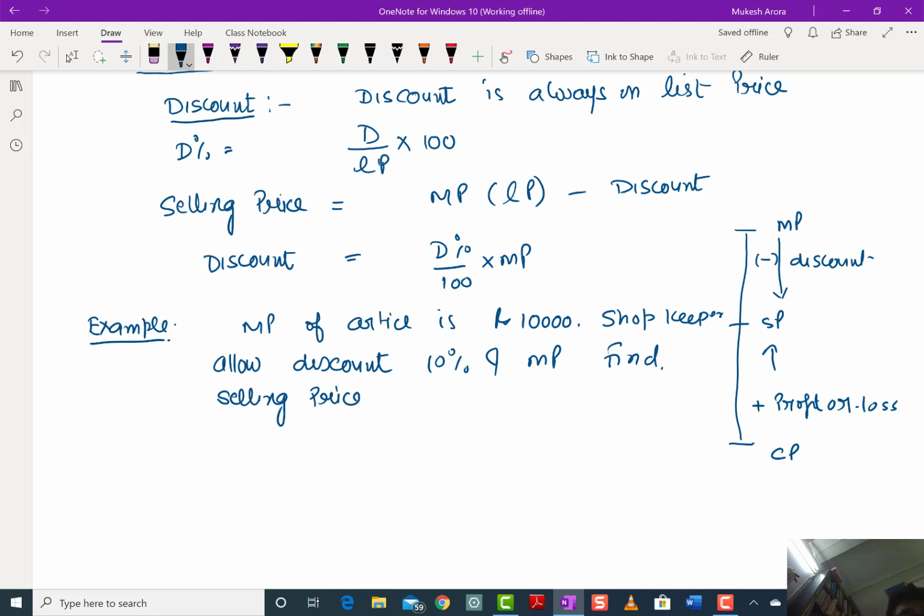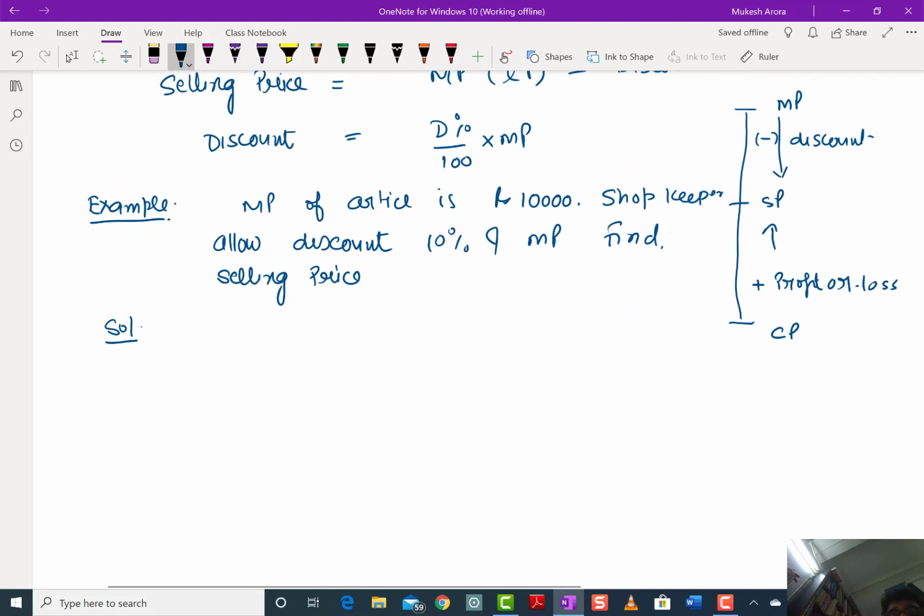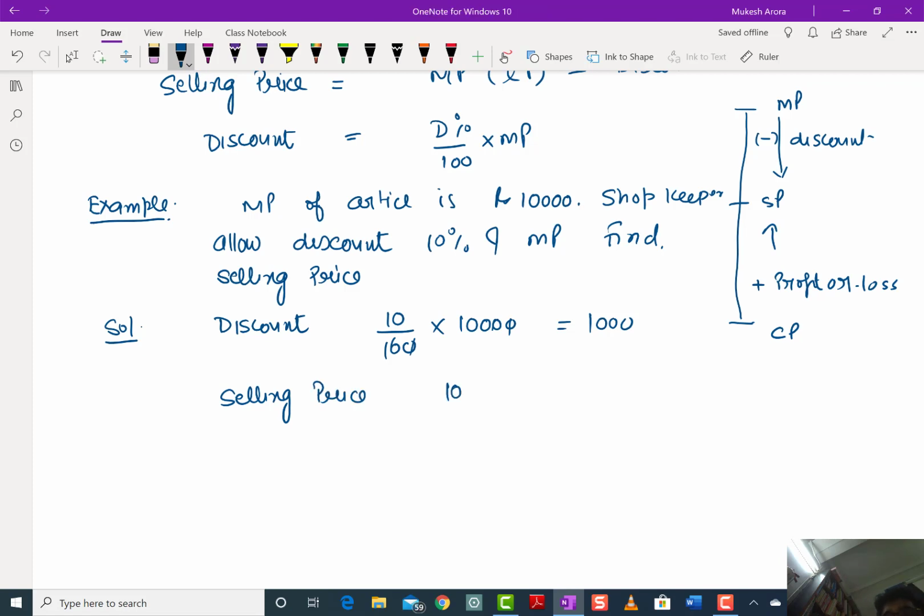We have to remember that the discount is always on mark price. Discount is 10% of mark price, which is 1000. So selling price will be 10,000 minus 1000.